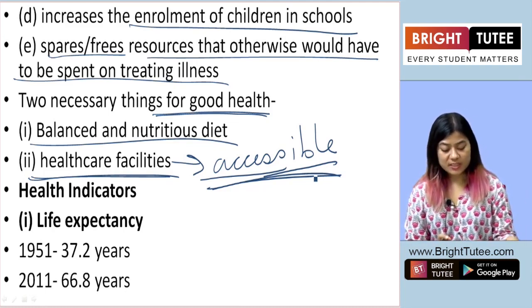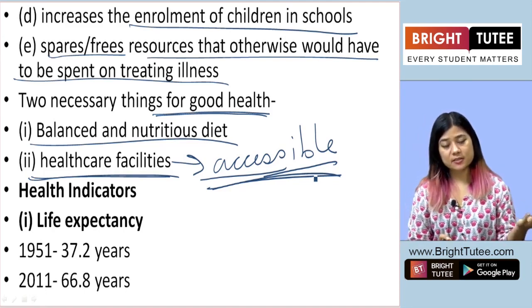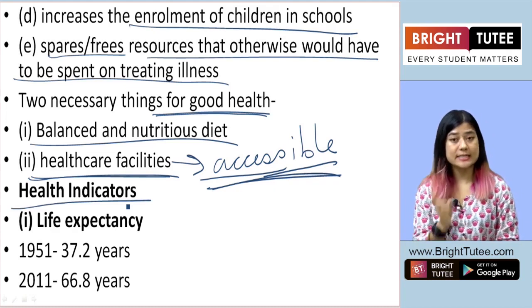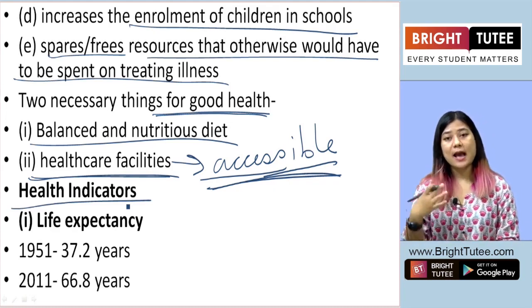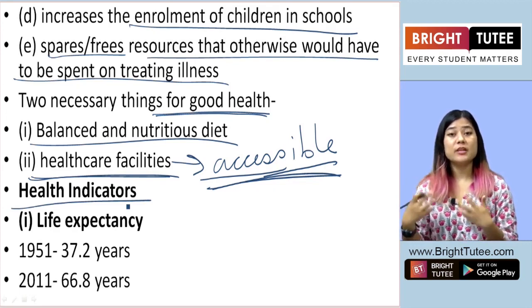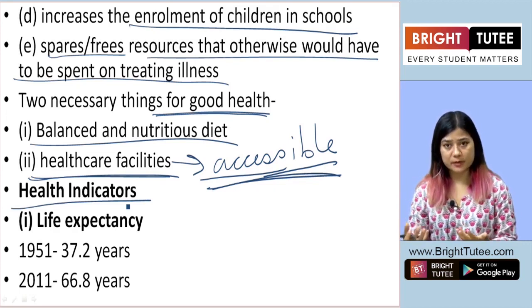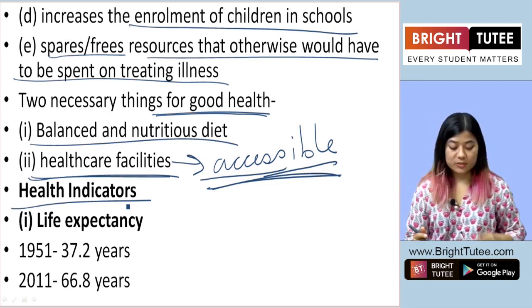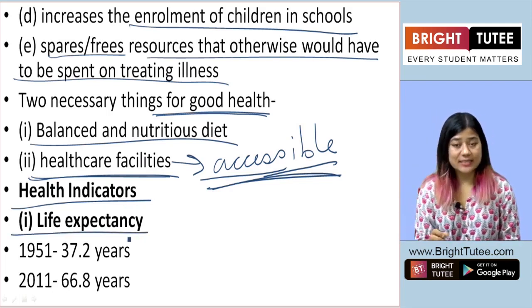Just like the indicators of education in India, now we'll look at the health indicators in India to see how India has improved in providing good health facilities to its people, which has led to economic development. The first is life expectancy.